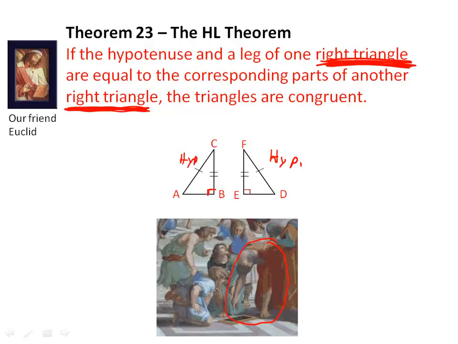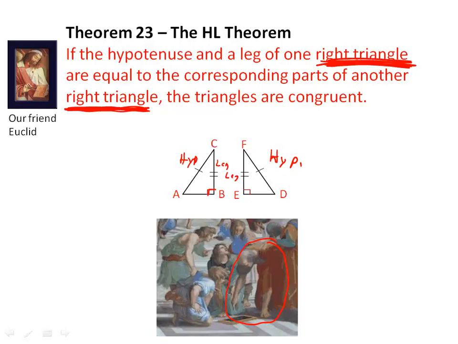And one of the legs, doesn't matter which of the two, just so that it's the corresponding legs, equal to each other. Then you can have congruency between the two right triangles. So only on right triangles, and that's it.